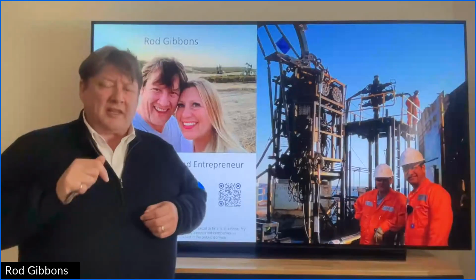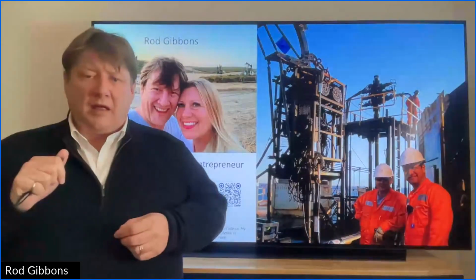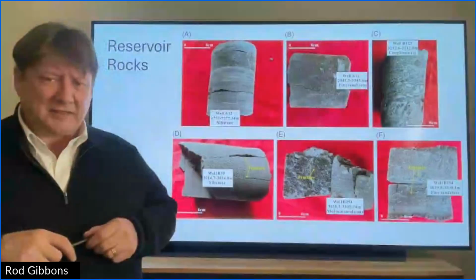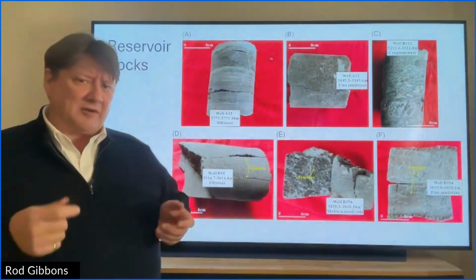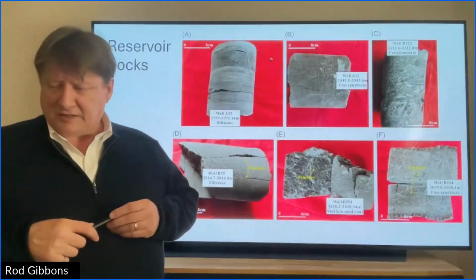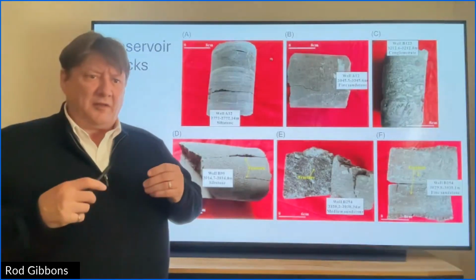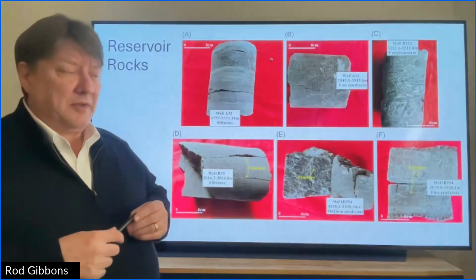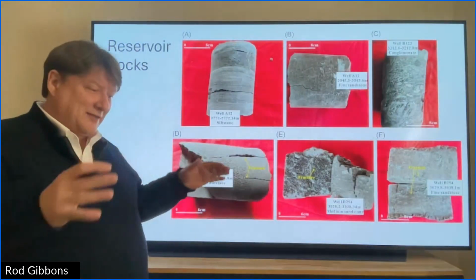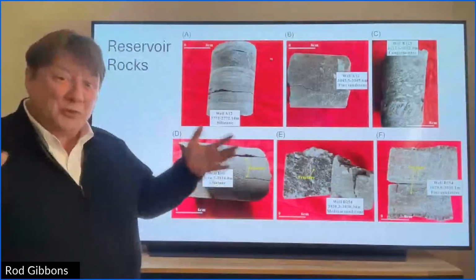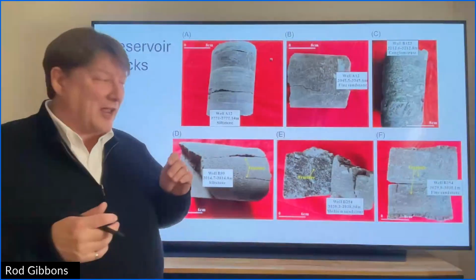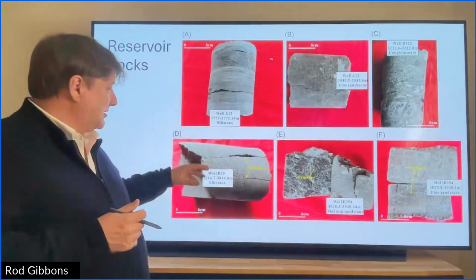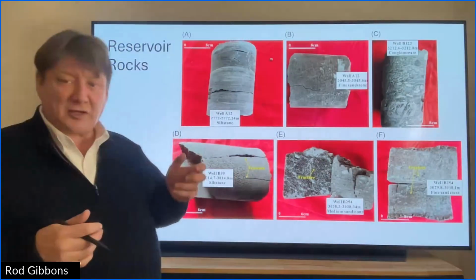But to get back to artificial lift and IPR, something I wanted to refresh on was the concept of an oil reservoir or gas reservoir. We think of it as a big pool of oil under the ground, but actually it's contained in reservoir rocks. These are cores of sandstone.